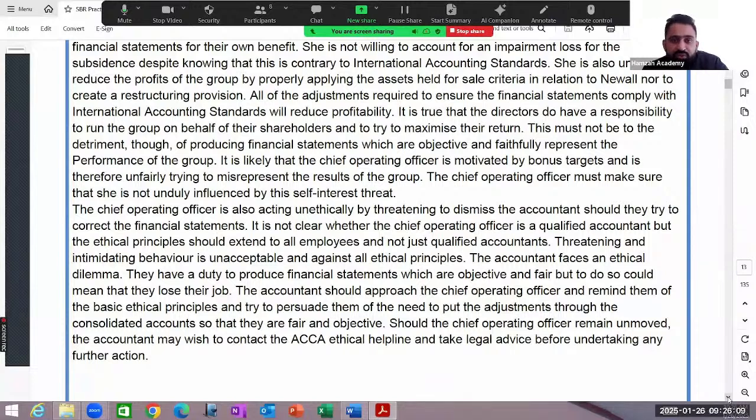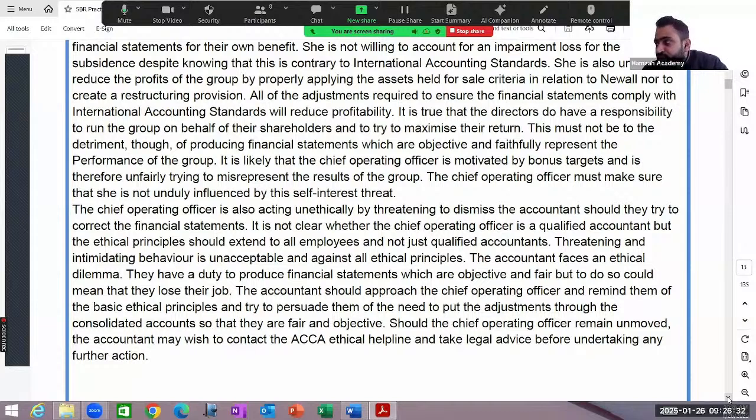First of all, he should talk with her and try to convince her that it is not in the interest of the profession and in the interest of the company to go against the rules, regulations, and do something unethical.